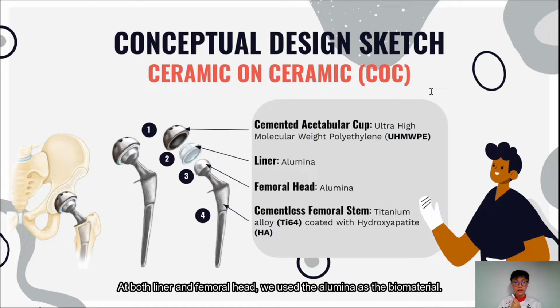At both the liner and femoral head, we use alumina as the biomaterial. Lastly, titanium alloy, specifically Ti64, is coated with hydroxyapatite, HA. It's used to make the cementless femoral stem.